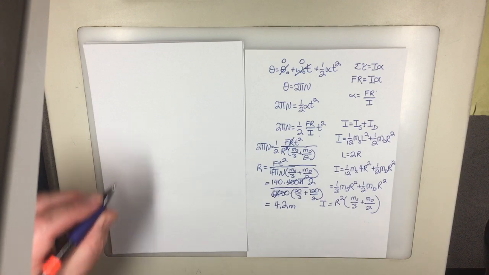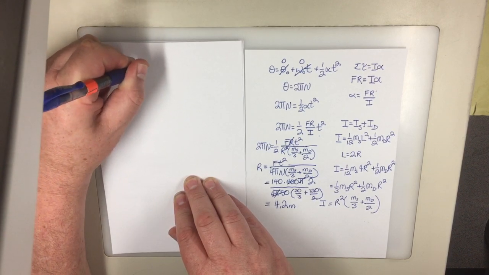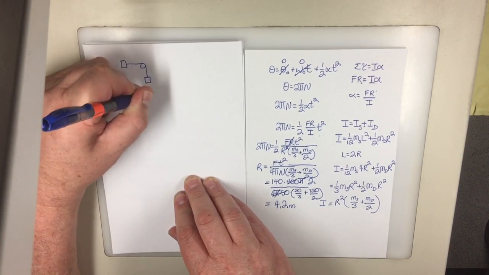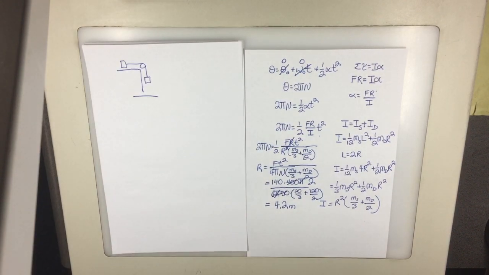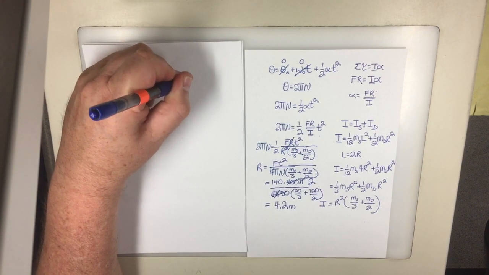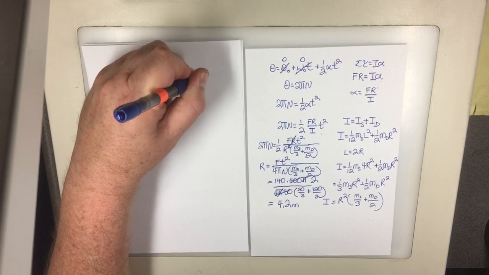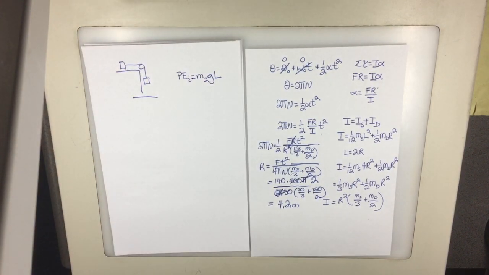In its initial state, it's not moving. So there is only potential energy, which is M2 G L. That's its initial potential energy.